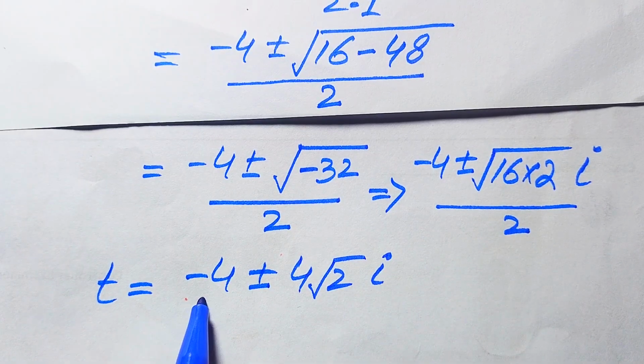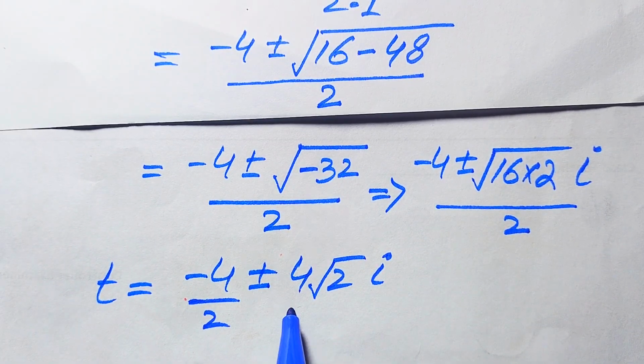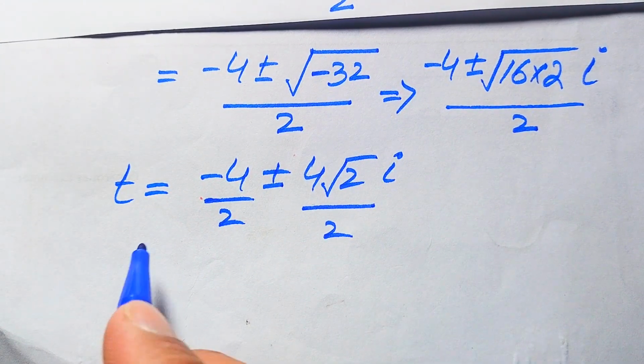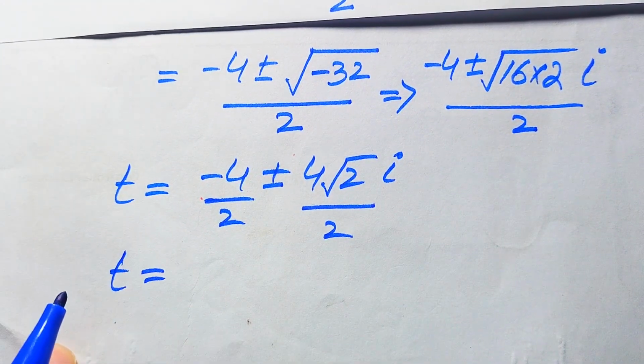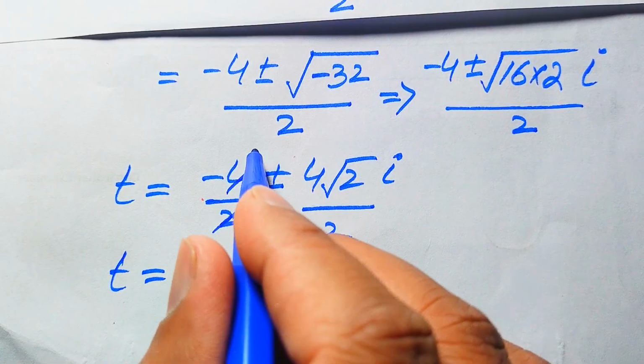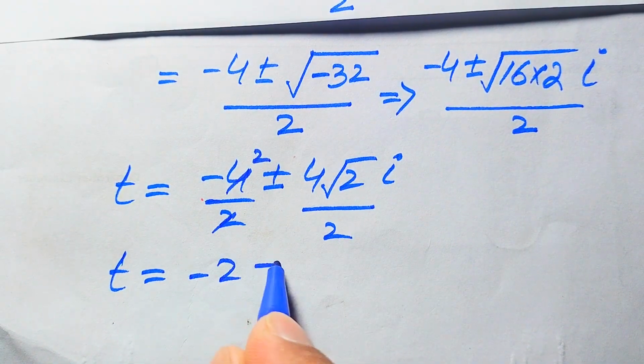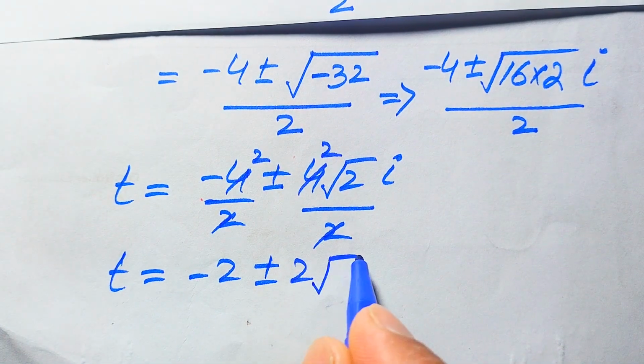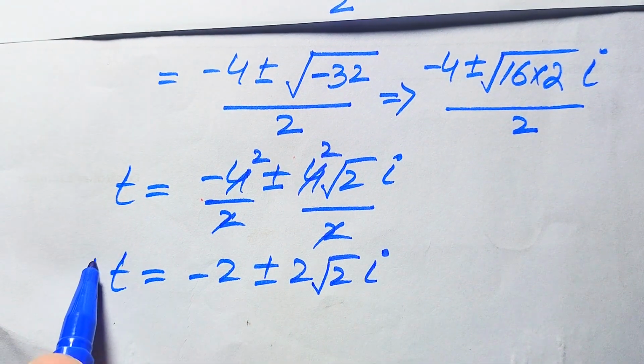Further we break this fraction and apply the 2 separately on both of these values. In the final step we cancel the terms, 2 times 2 becomes 4, and we get minus 2 plus minus, also 2 times 2 becomes 4, and we get 2 times square root of 2 into iota.